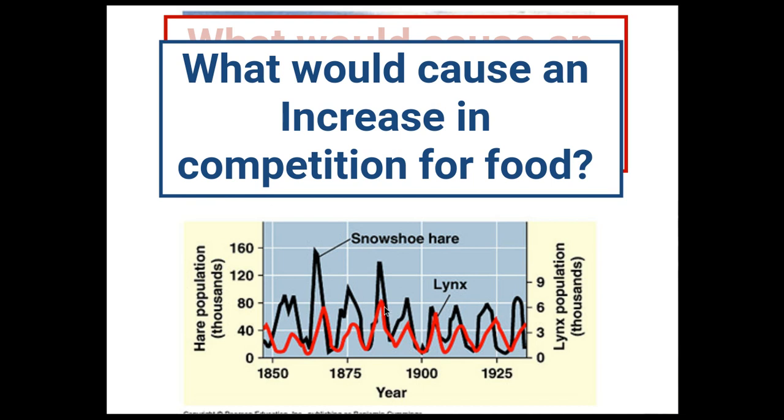So if you notice, a lot of these lines are kind of parallel to each other. So if you have more food, more bunnies, yum, yum, yum, then the lynxes start increasing in population because they have more food, they're surviving, they're making more lynxes and so on. So we can see that based on the graph.